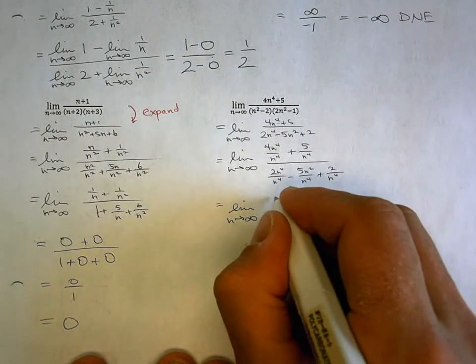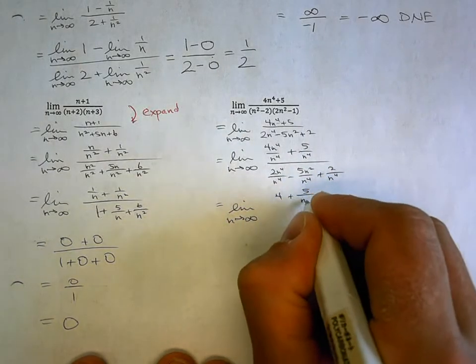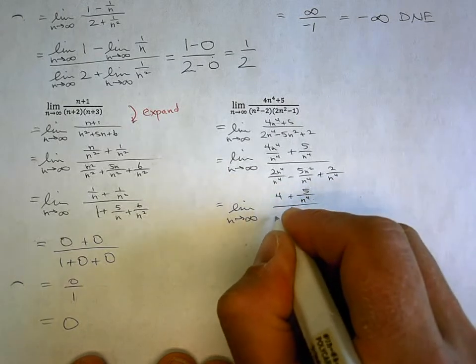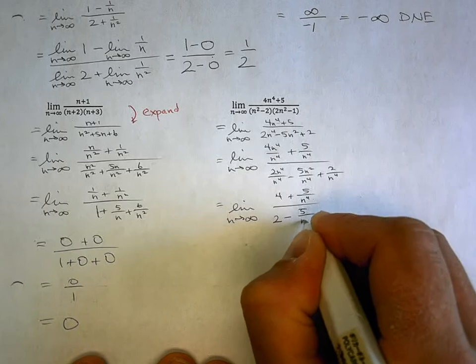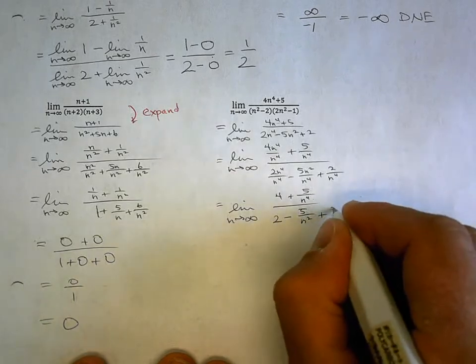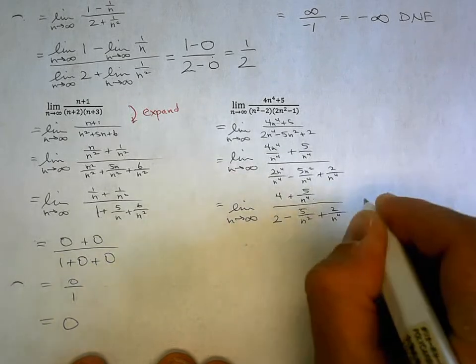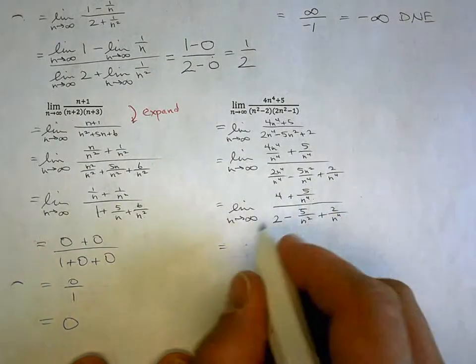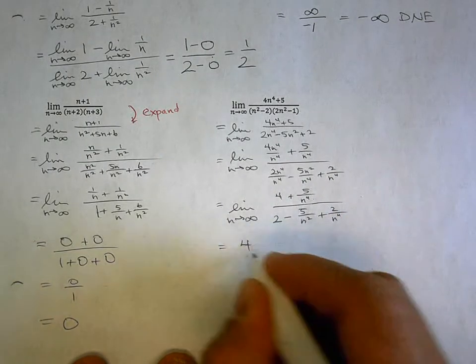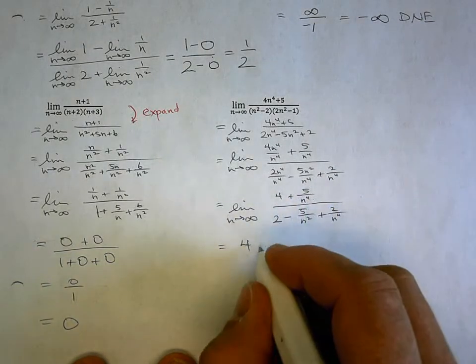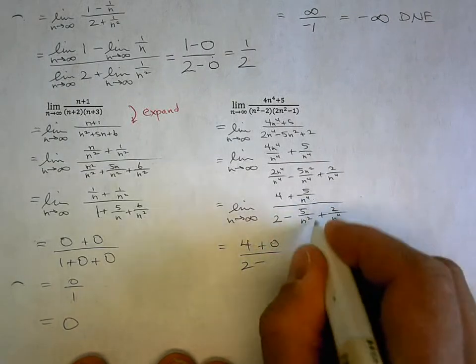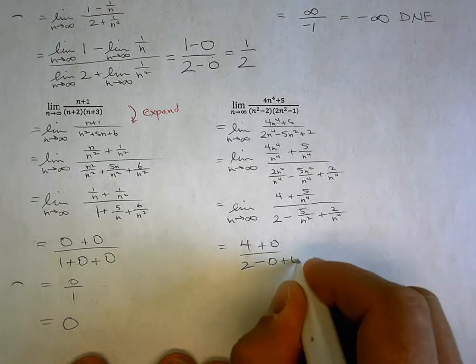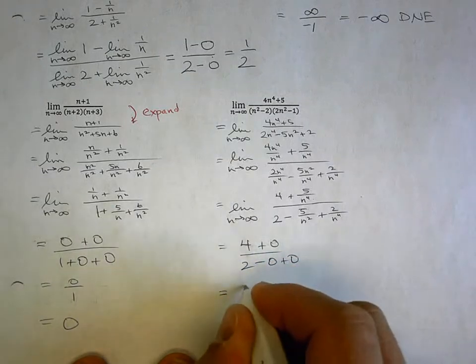So I have 4 plus 5 over n to the 4, over 2 minus 5 over n squared plus 2 over n to the 4. Now when I do my direct substitution, I have 4 plus 5 times 0 over 2 minus 0 plus 0. So I get 4 over 2, which is 2.